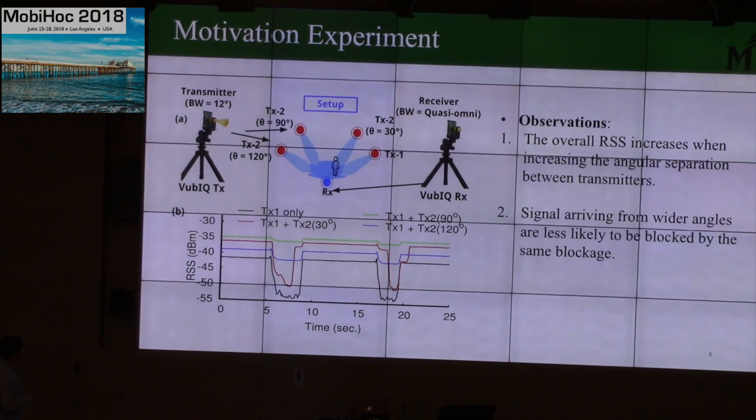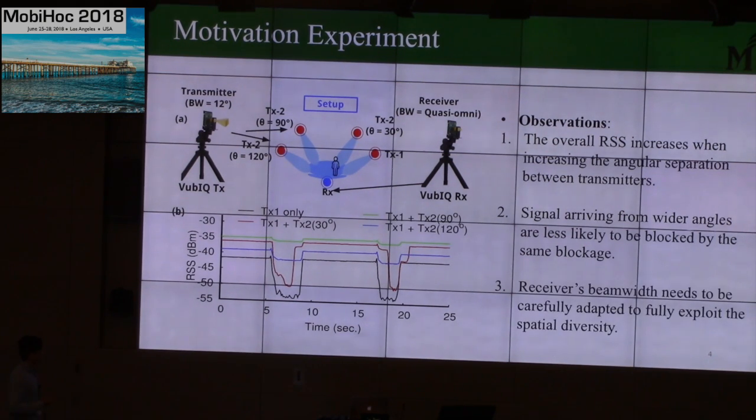Another observation is that when we increase the angle from 90 to 120 degrees, the RSS decreases a little. We think that is because at the receiver side, the receiver beam pattern didn't make use of these two paths. So we claim that to take full advantage of joint transmission, we have to adapt the receiver beam pattern.